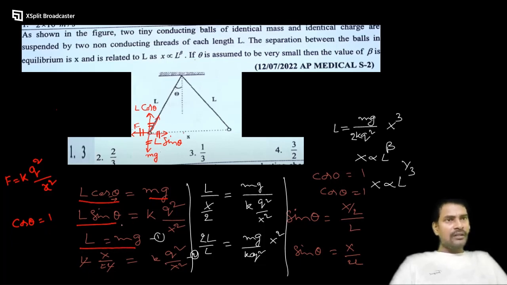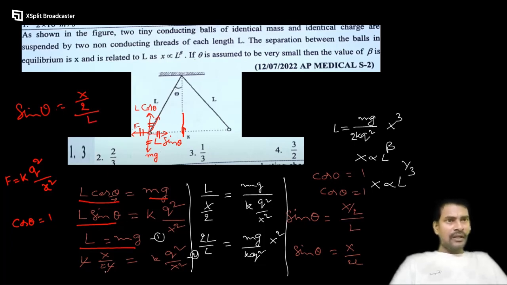Similarly, I would like to write this sin theta. See, if you take this theta, what is sin theta? Sin theta is the opposite side, that is x by 2. This total length is x. Up to here it will be x by 2. So if I make a triangle, then sin theta is equal to opposite side by hypotenuse. This hypotenuse is L. So x by 2 by L is sin theta.